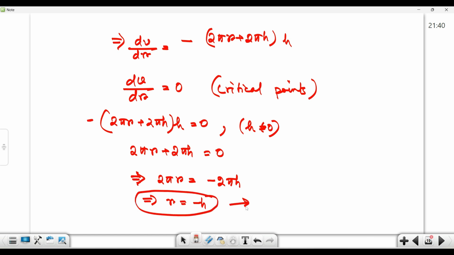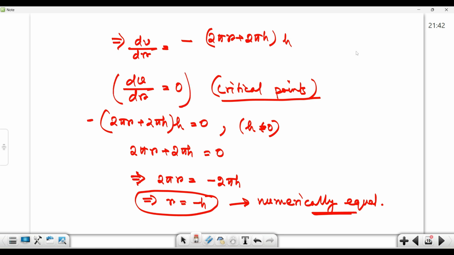This is actually numerically equal. Okay, this is the main idea. So we are finding the critical points, or the condition that will be maximum, because when we find the critical points, we equate the first order derivative equal to 0, and then at the points where we find the second order derivative d square v dr square, it will be maximum or minimum.